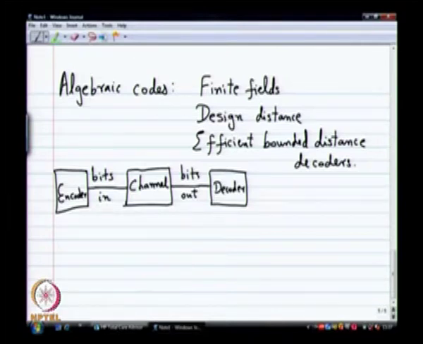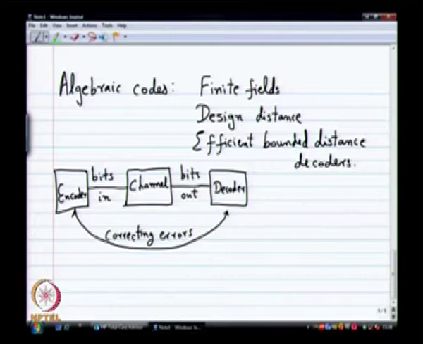Coding was seen as primarily a mechanism for correcting errors. That is why they are called error correction codes, and this was how codes were used for a long time. You have a channel into which you are putting some bits, and you are getting bits out.